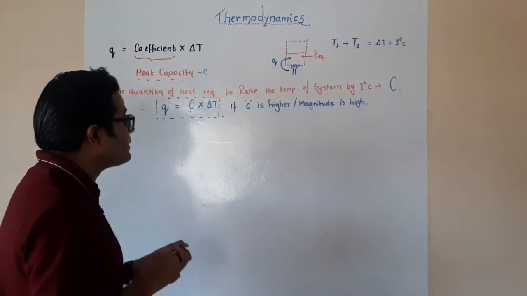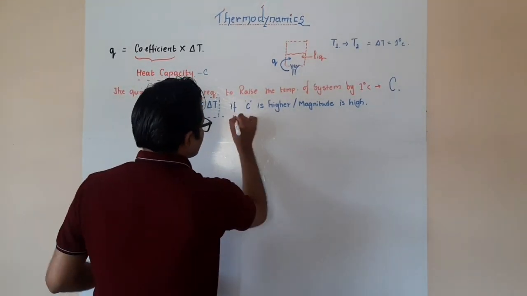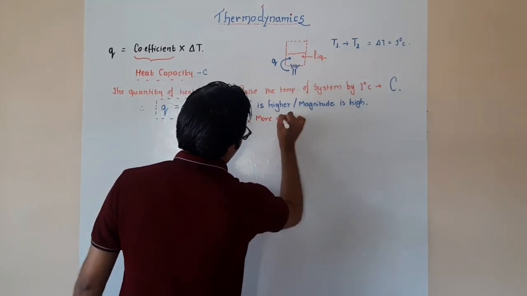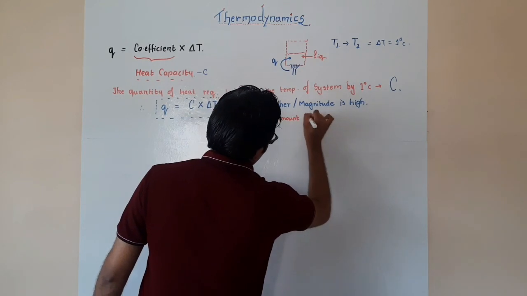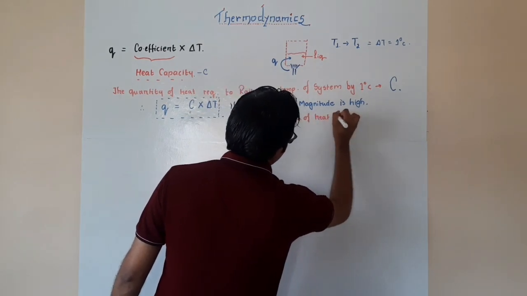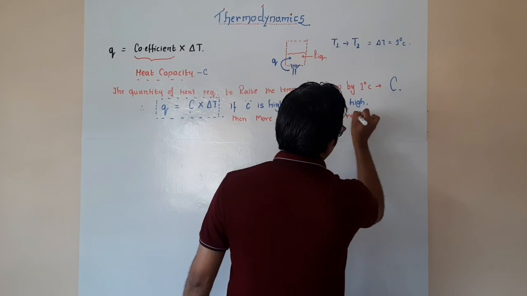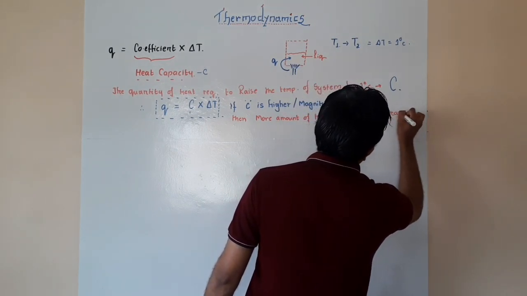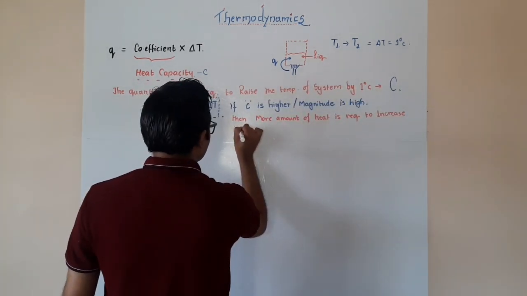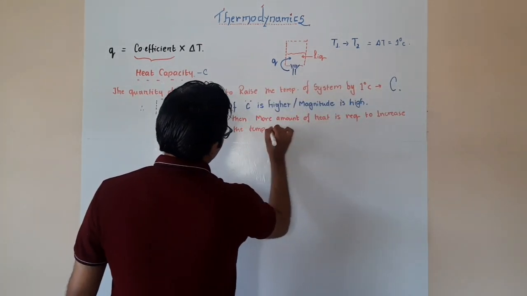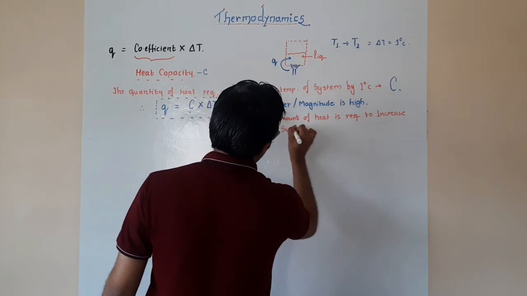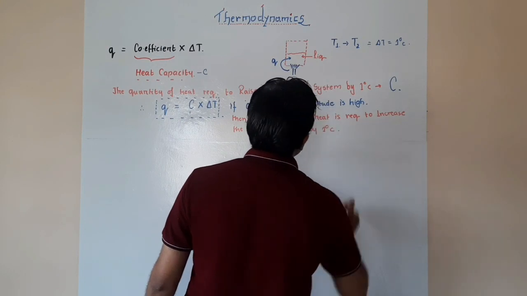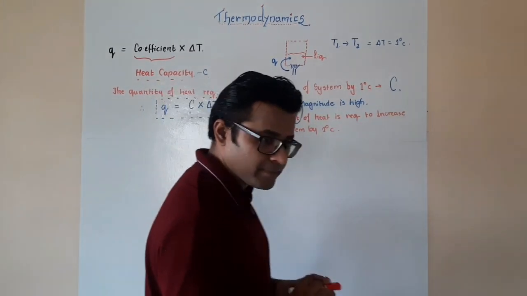If the magnitude is high, then more amount of heat is required to raise the temperature of the system by 1 degree Celsius. This is what we need to know.